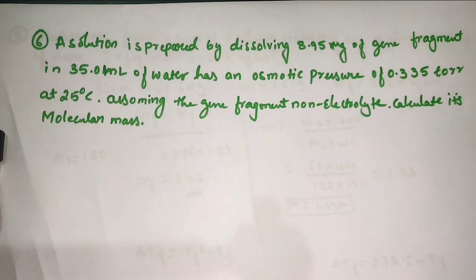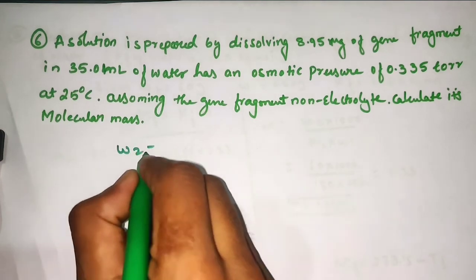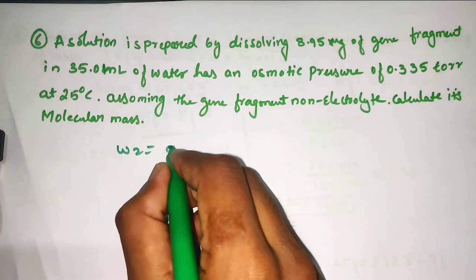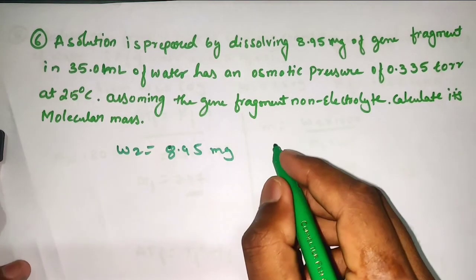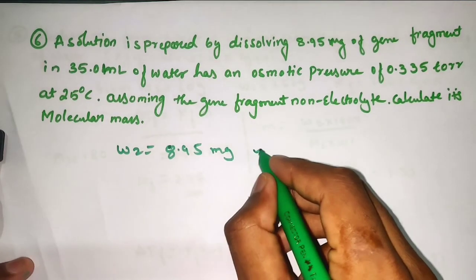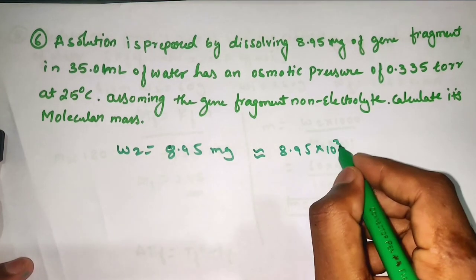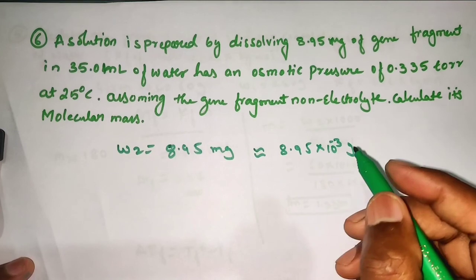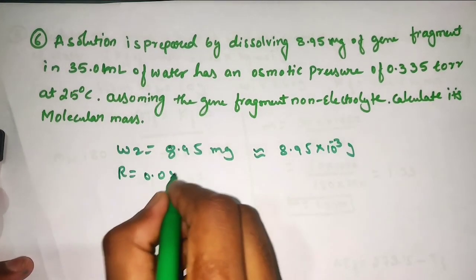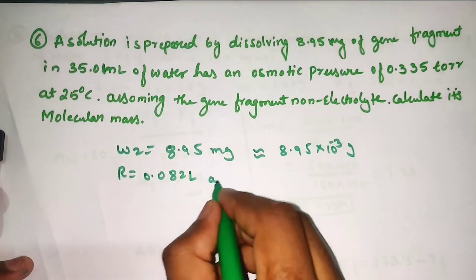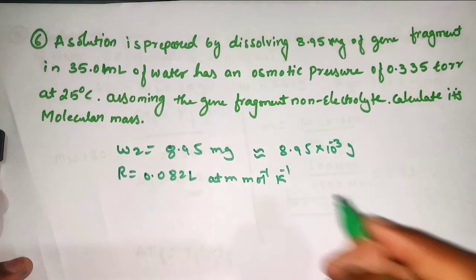So W2, that is the weight of the gene they have given, W2 is equal to 8.95 mg, and it can be written as 8.95 into 10 to the power of minus 3 gram. And R value we can take 0.082 liter atmosphere per mole per Kelvin.